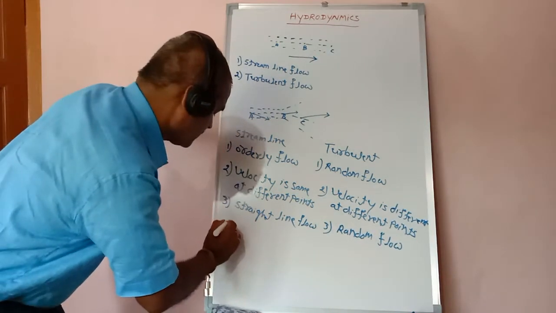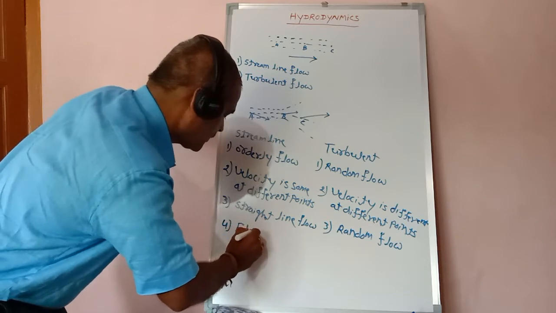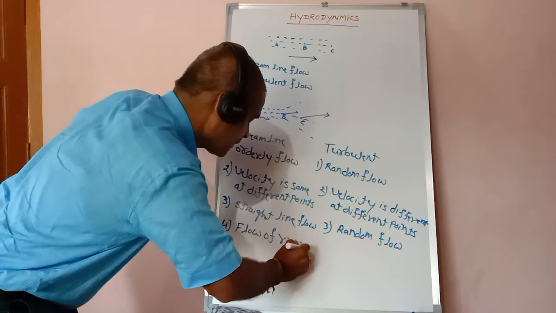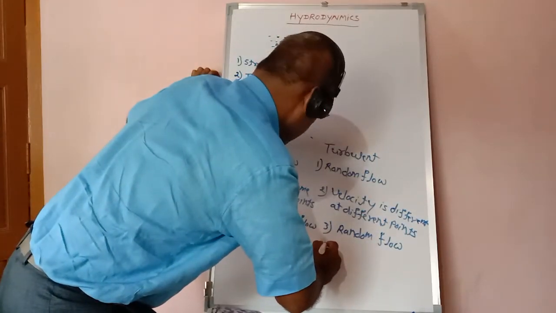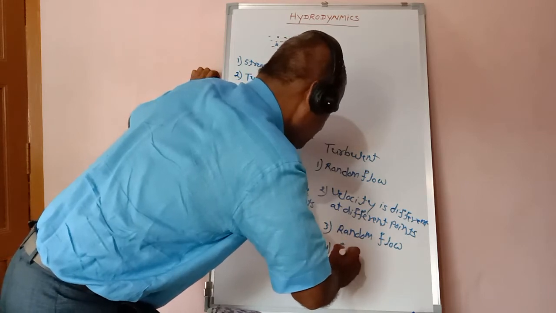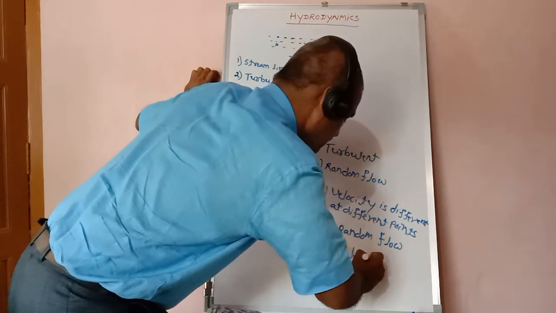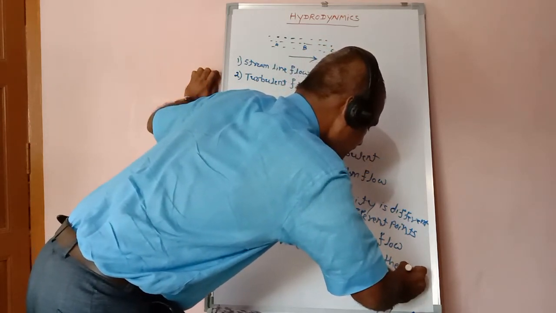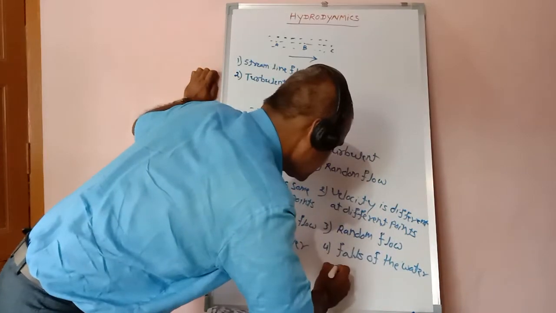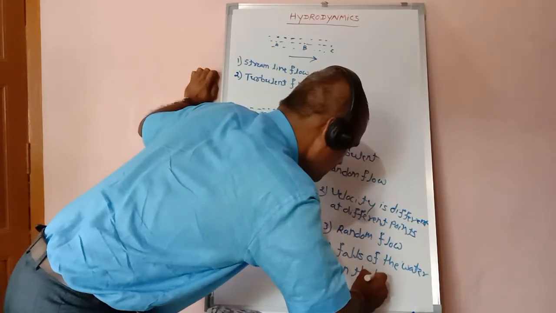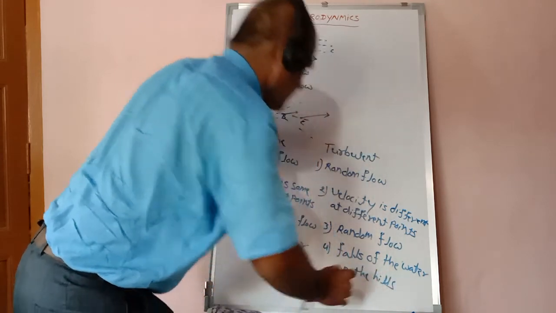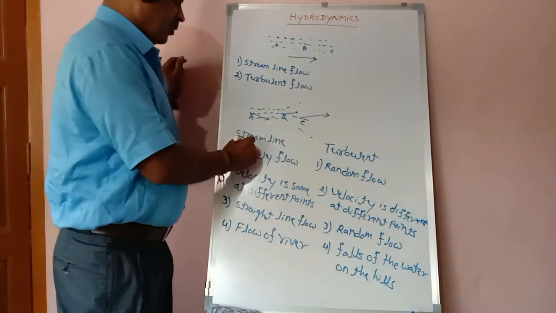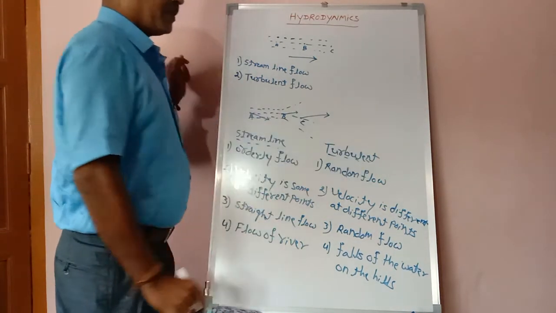And the fourth one, flow of a river, and the falls of the water on the hills. These are the differences between the streamline flow and the turbulent flow.